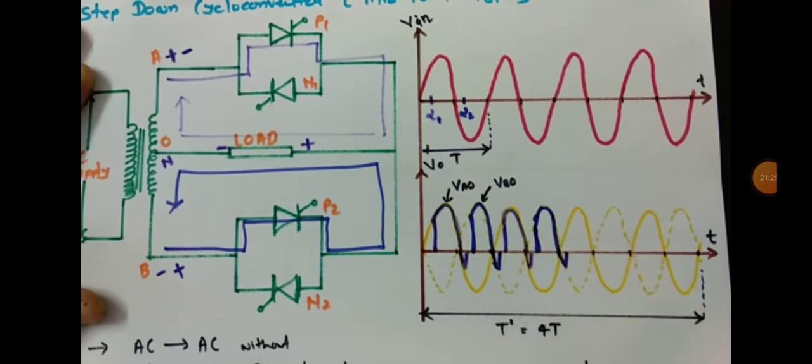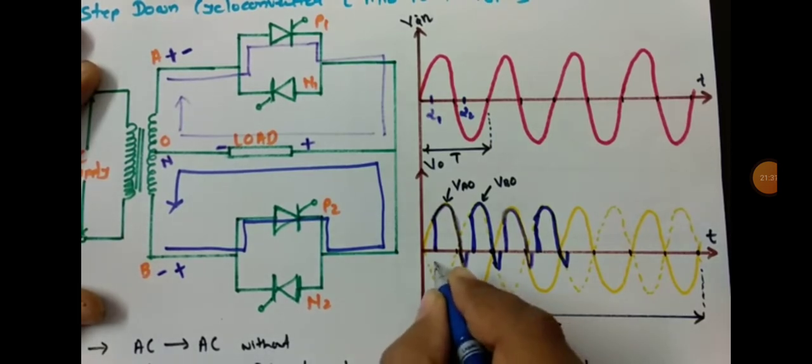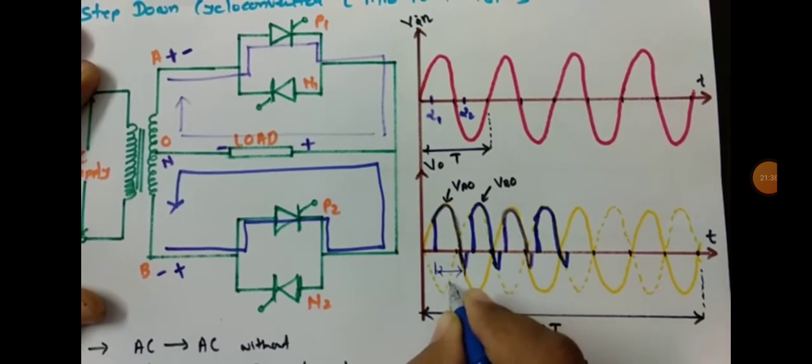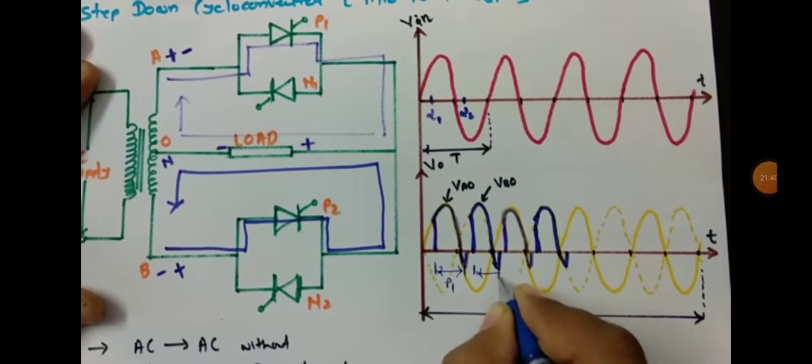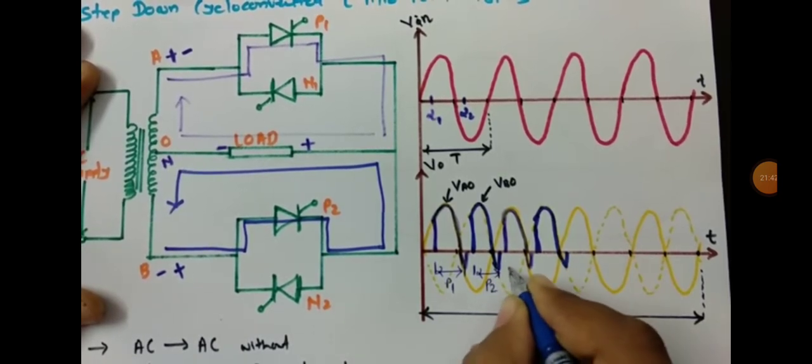So that is how this output waveform appears. One can say during this interval P1 is on, and during this interval P2 is on.